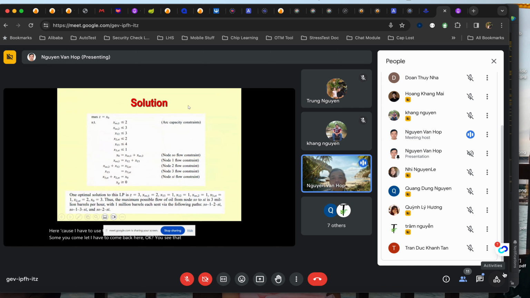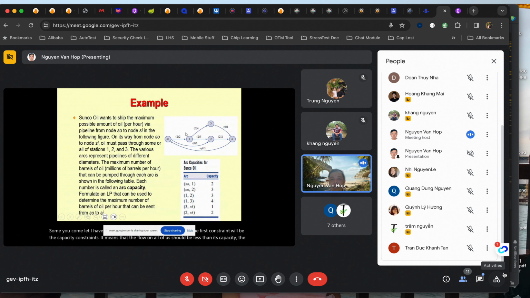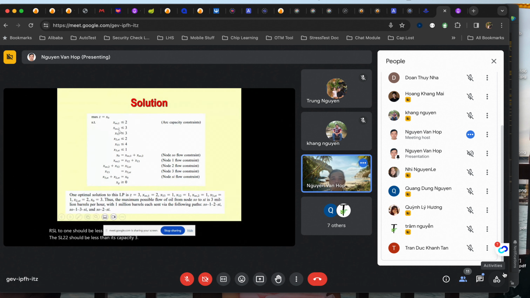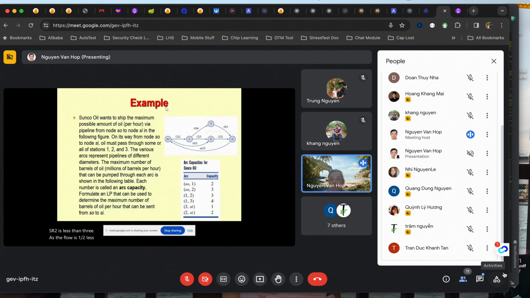The first constraints will be the capacity constraints. It means that the flow on all arcs should be less than its capacity. The arc SO to 1 should be less than its capacity 2. The SO to 2 should be less than its capacity 3. X12 less than 3. X13 less than 4.